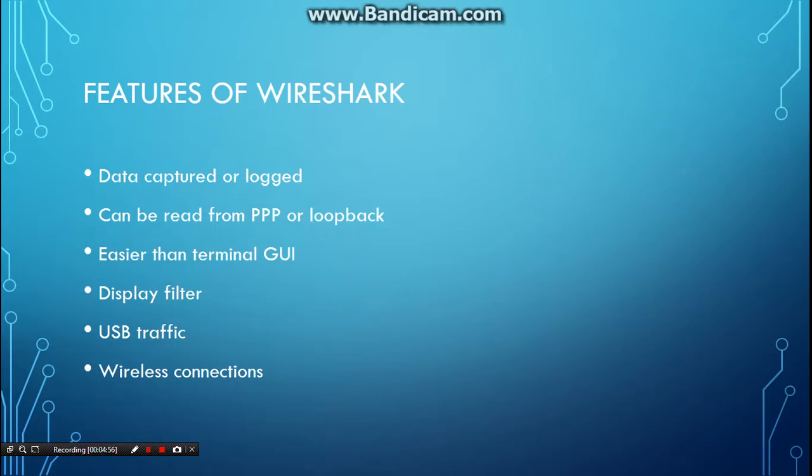You can filter it through the display or the user interface as well, like by time, by type, by destination, by name. And then it has the ability to capture USB traffic and wireless connections.